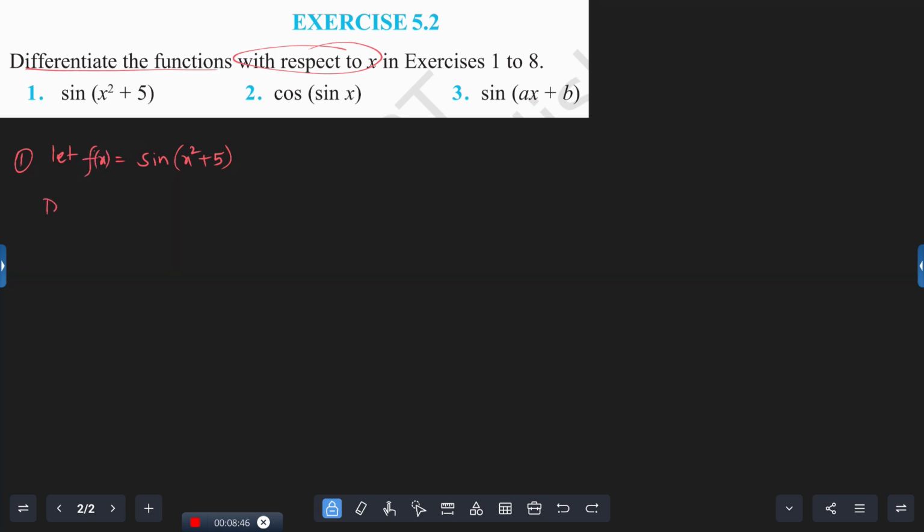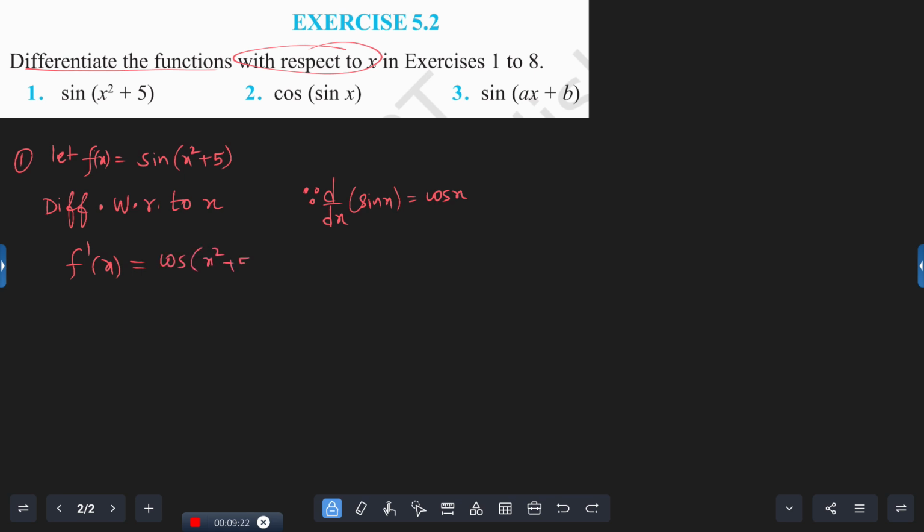So on the left hand side f of x, when I differentiate, f dash of x is equal to, listen carefully here, children. The derivative of sine is cos.